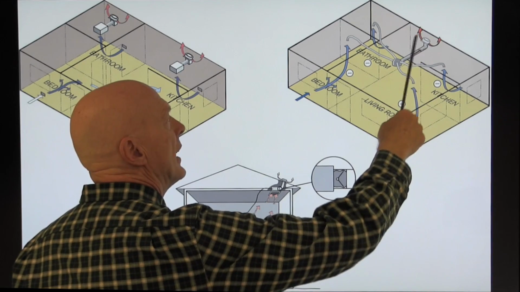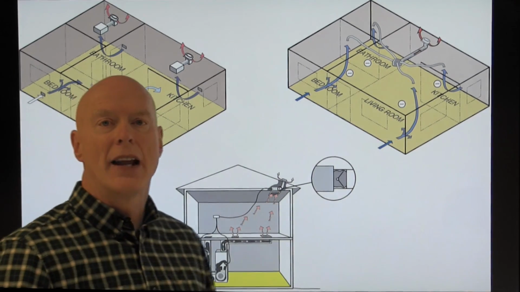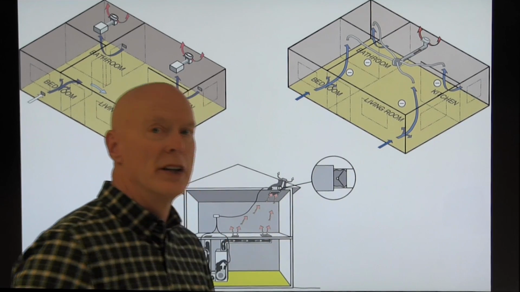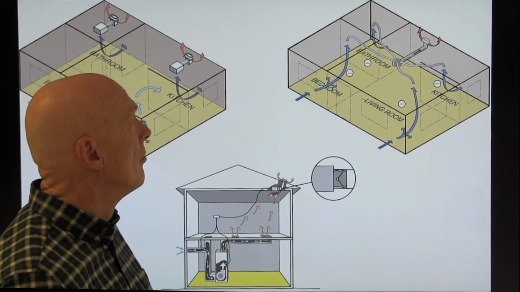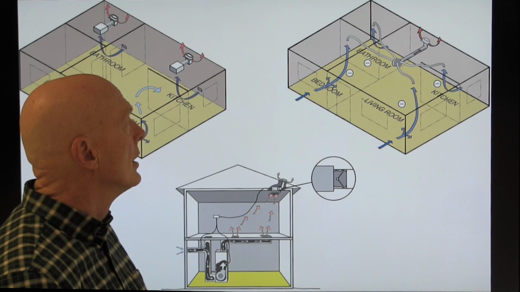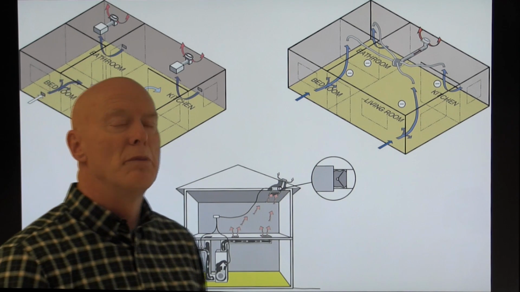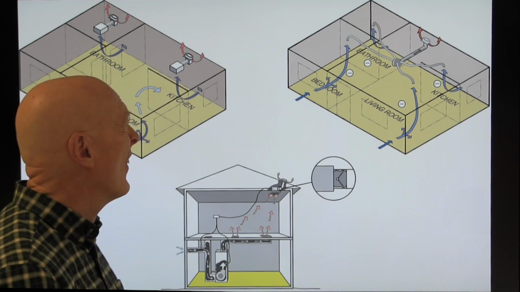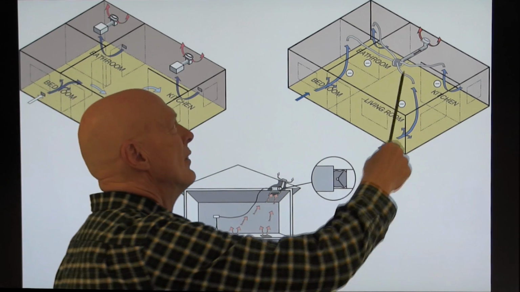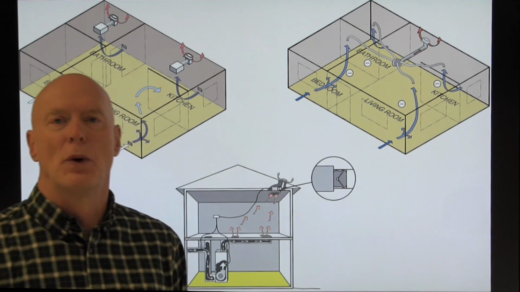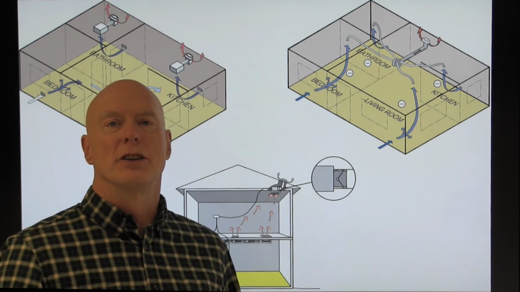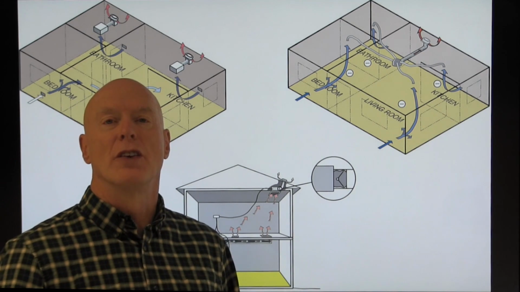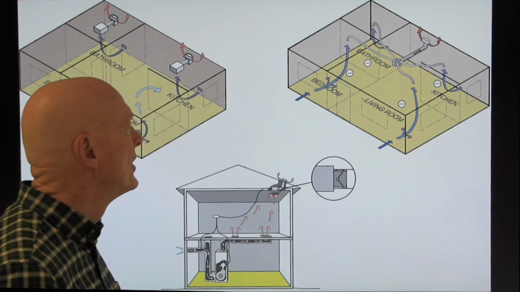We can also use a ventilation fan that's installed in an attic or a crawl space that has ducts to various rooms. And that can be a very good strategy too. We may be dealing here with a house that's maybe a little tighter, or we may be dealing with a home where the people want the ventilator to be more remote, so they don't hear it as much.